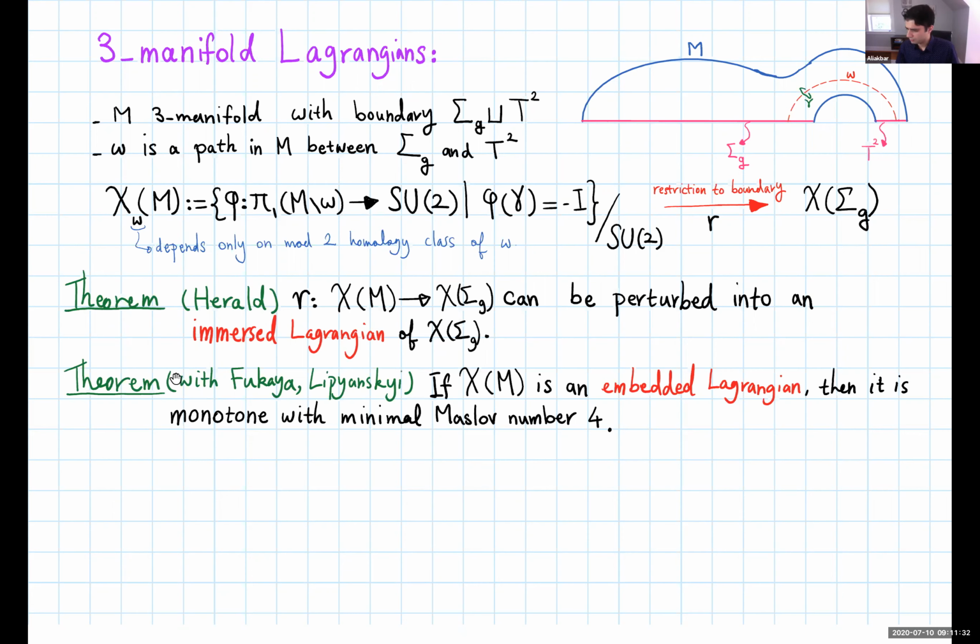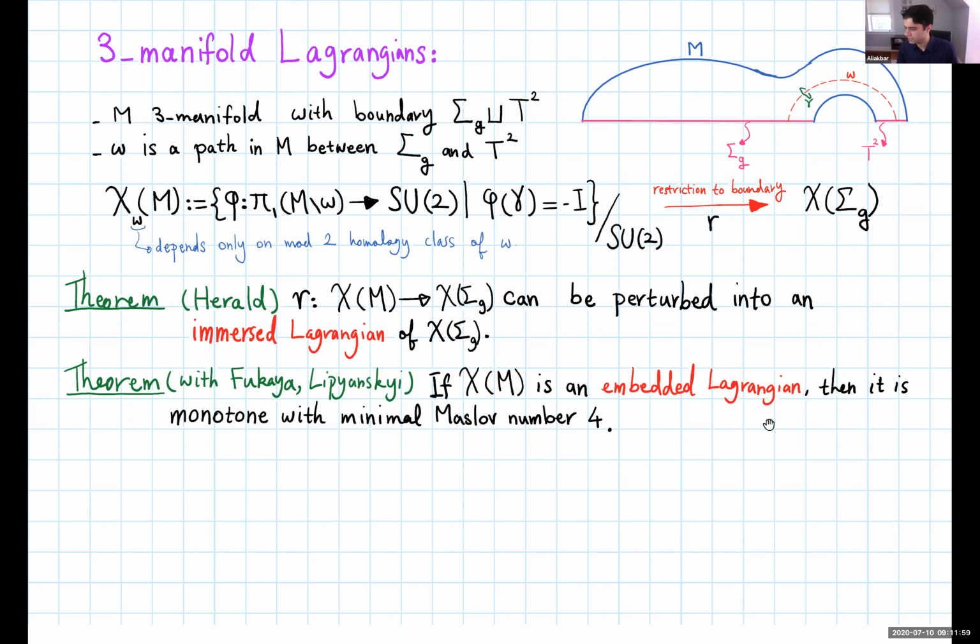And we want to do Floer homology with this Lagrangian, so it's good to know something about the behavior of these Lagrangians in terms of whether they are unobstructed or not. We start with such a space, and Herald's theorem tells us that we can perturb it into an immersed Lagrangian.